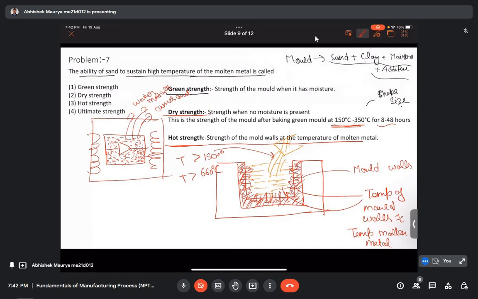So hot strength is very much required. So this is the definition of the hot strength of the mold wall at the temperature of the molten metal.